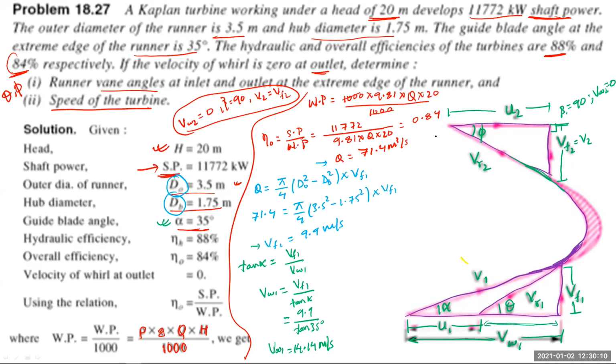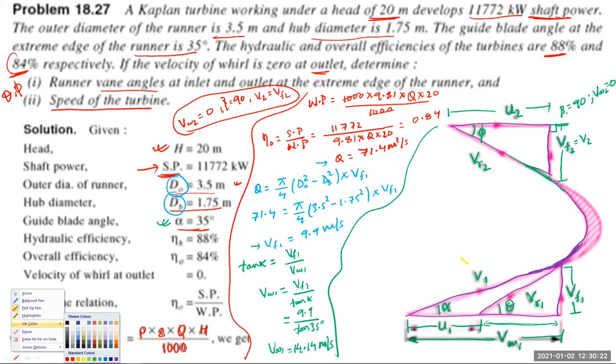For that, I will draw one line over here. Let me change the color. I have to calculate U1.